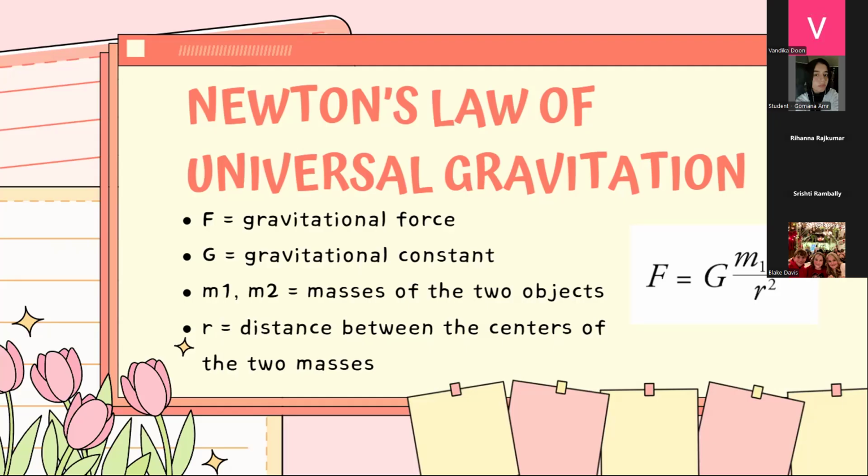The force is stronger when the two objects have greater mass, and weaker when the objects are further apart, obviously. And why is gravity important? I didn't make a slide on that. I should have made a slide on that though, guys.